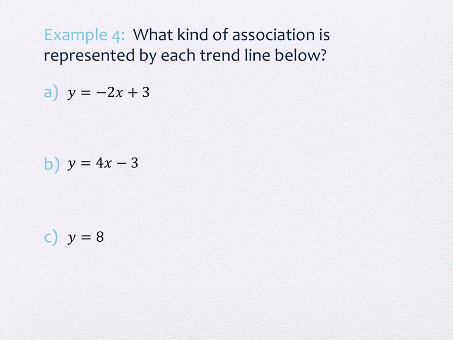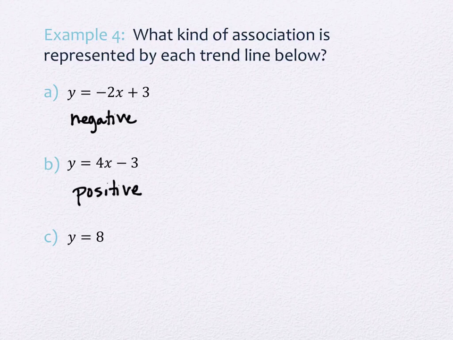So in the first equation on number 4, is it a positive or a negative association? Negative, because the slope is negative. What about B? Positive. The slope is positive because the 4 is positive.